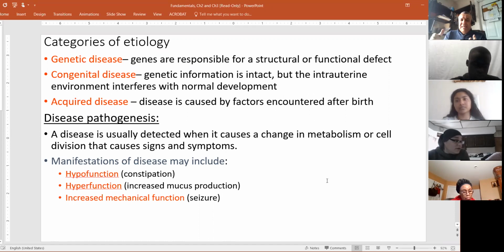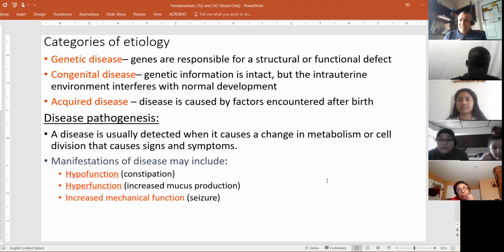Most of the diseases, especially in the endocrine system, and this applies to almost all systems, are either over-functioning, which is hyperfunction, or under-functioning, which is hypofunction.